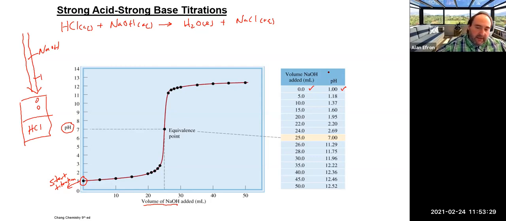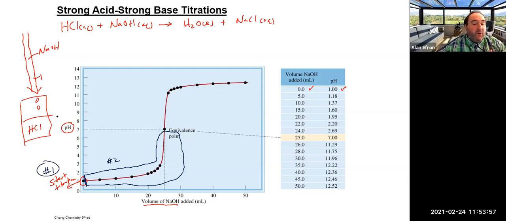Then let's talk about what happens on this titration curve as we start adding some sodium hydroxide. At the start here, we add sodium hydroxide, we see the pH going up, and all the way to before number 2, the equivalence point, is number 1.